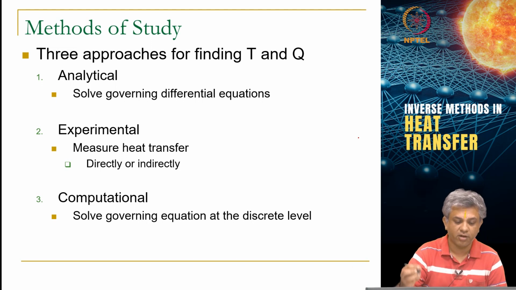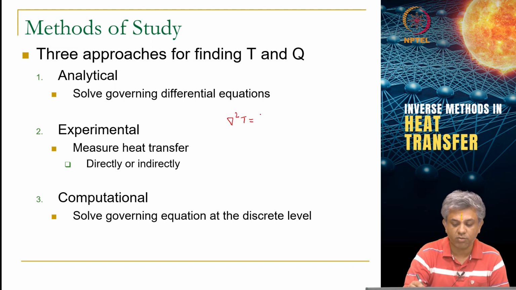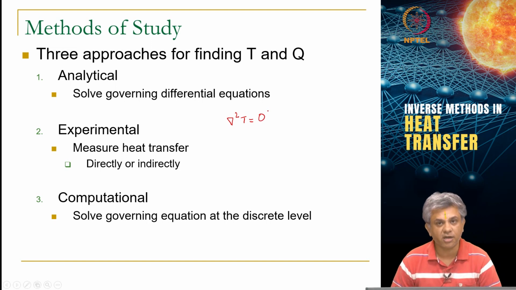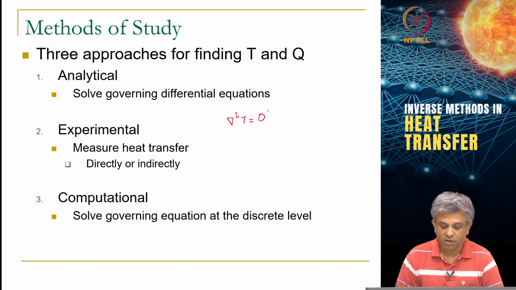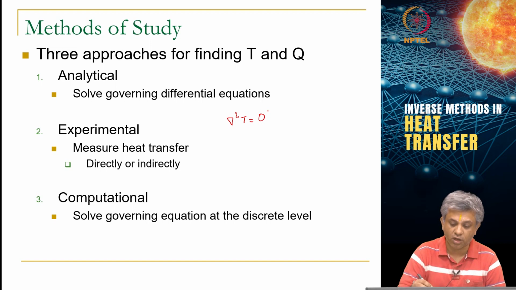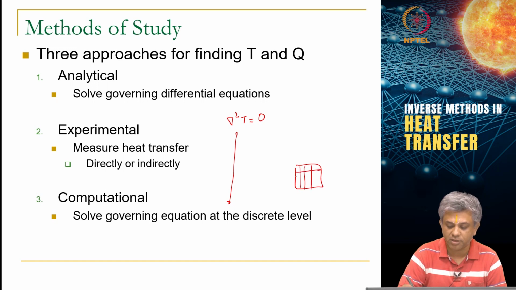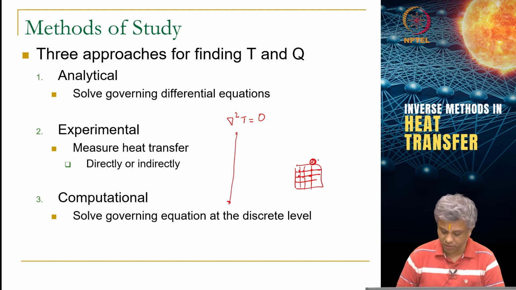So, you could have, let us say, in 2D del square T equal to 0, in case you have a steady state conduction problem with constant conductivity. In such a case, you can solve this equation computationally at the discrete level. So, you can solve it and look for temperatures at specific points and then infer the heat transfer at the boundary.